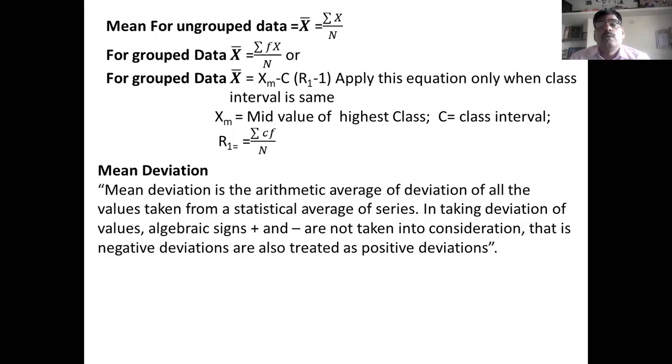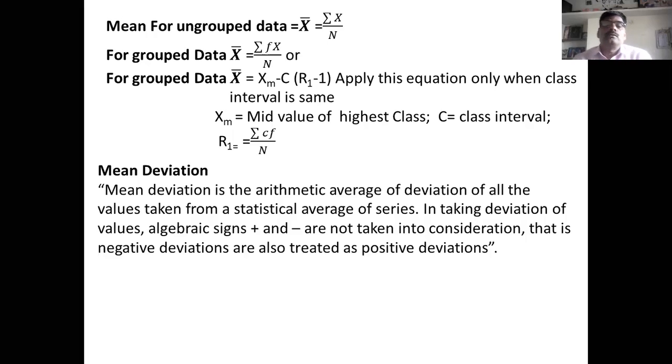Okay. What is the variation? It means how the values are dispersed from the mean point. Mean here may be the average, arithmetic mean, or median or mode. On the basis of this, we calculate.